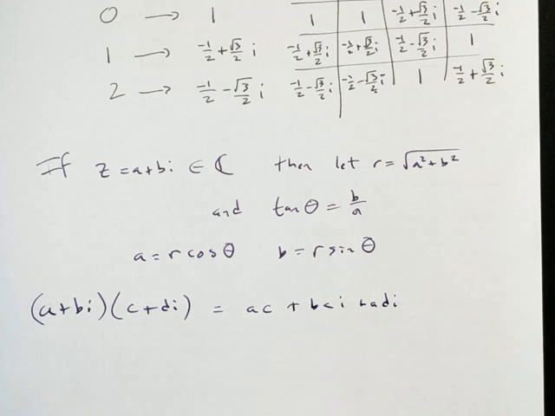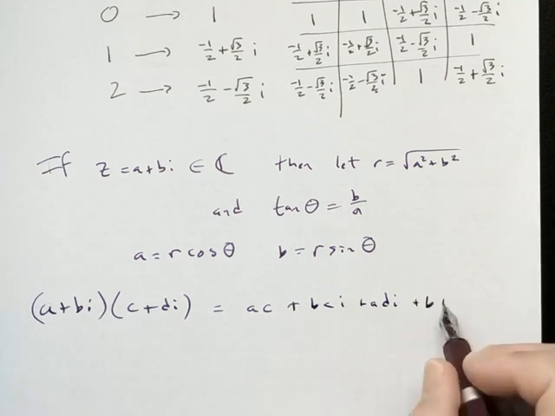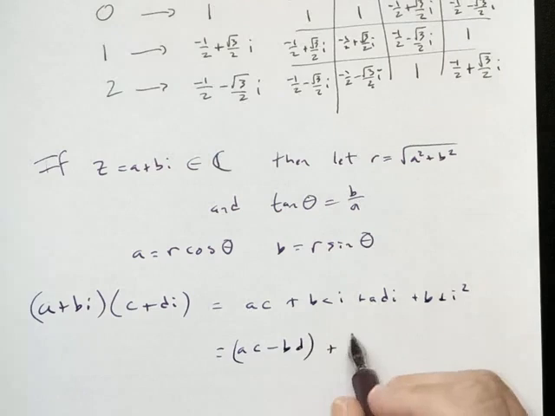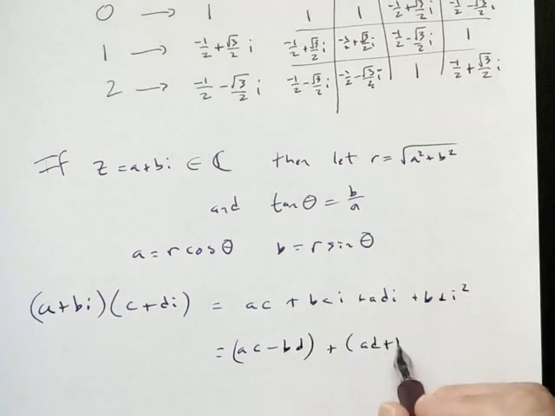Wait a minute, I got to get an I squared there. What's I squared? So that really makes this AC minus BD. There's the real part. And then AD plus BCI. So multiplying complex numbers gives me another complex number, right?